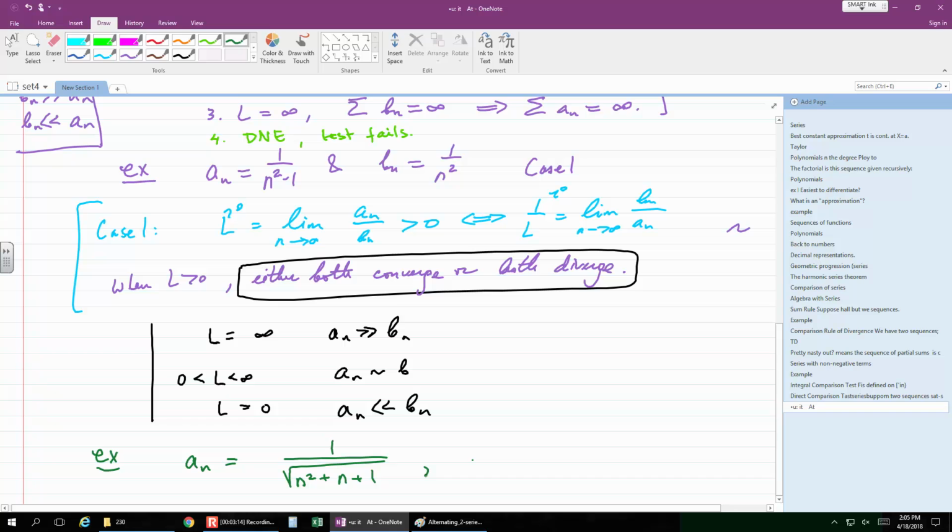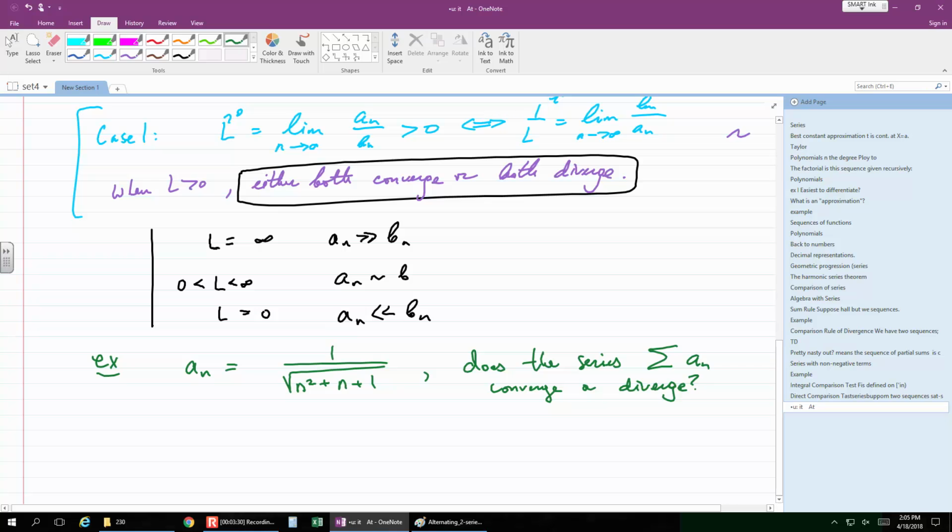Okay, so does the series sum a_n converge or diverge? So that's a more typical situation.